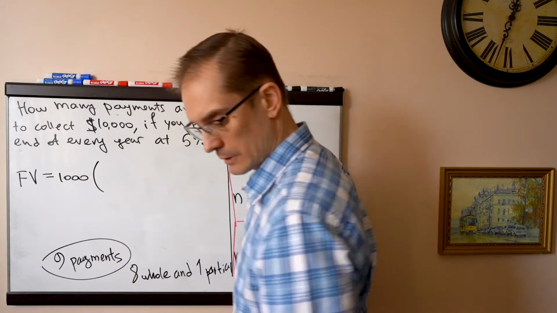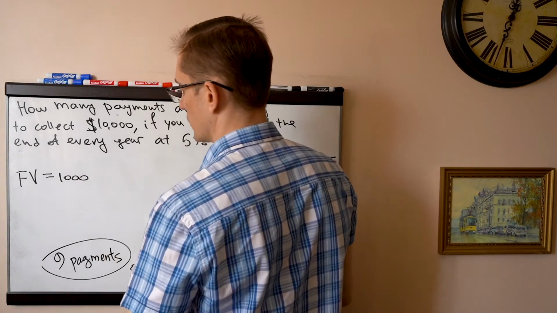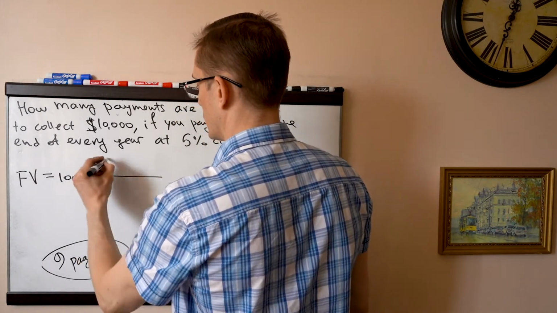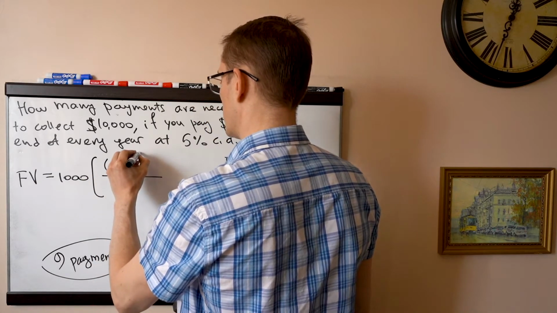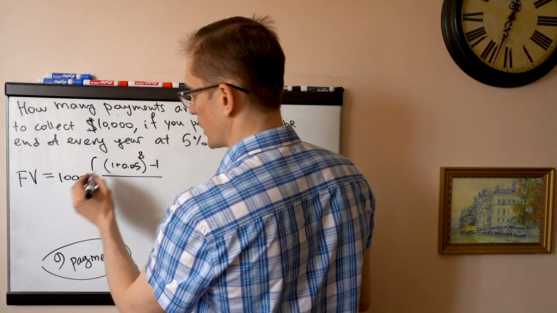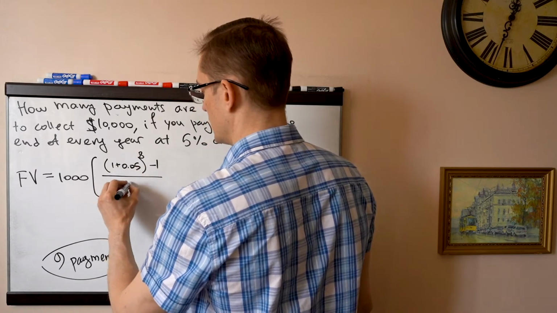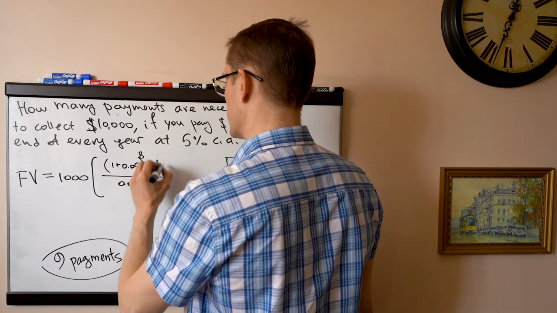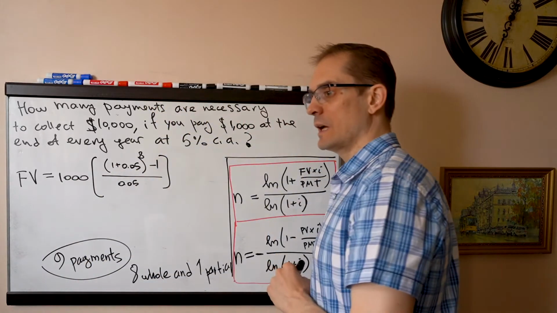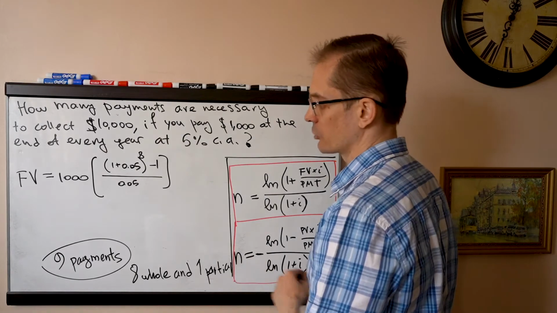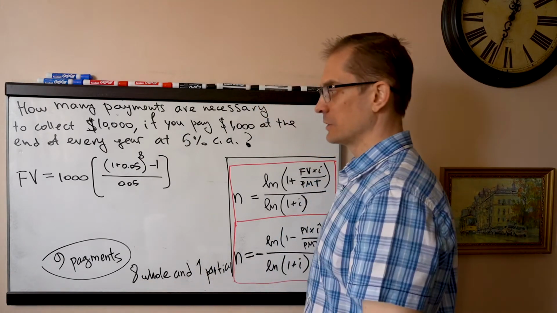So the future value of $1,000, which is paid for 8 years, because now I'm investigating what happens after 8 whole payments. So $1,000 paid every year for 8 years. We want to know what happens after 8 whole payments.